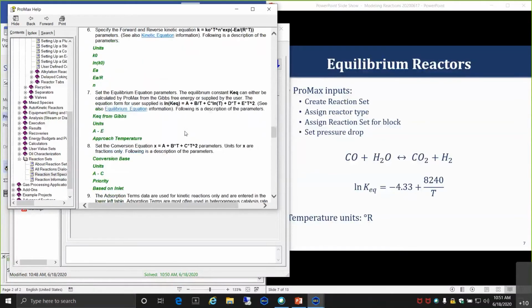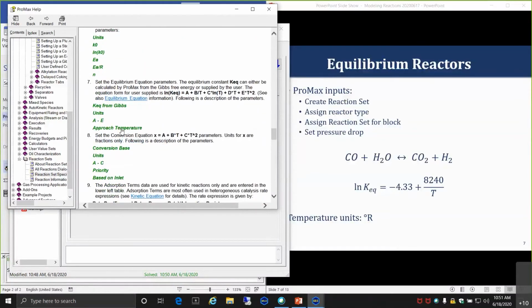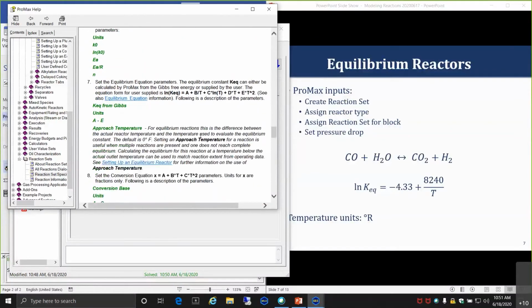So the approach temperature for equilibrium is the difference between the actual temperature and the temperature used to evaluate the equilibrium constant. If we have a positive value, that means that the reactor temperature is higher than the temperature used to evaluate the equilibrium constant.